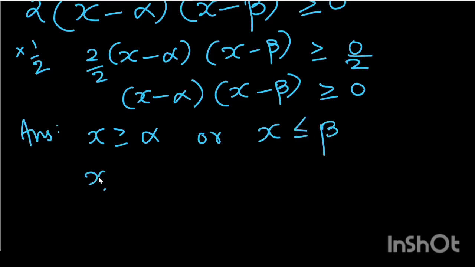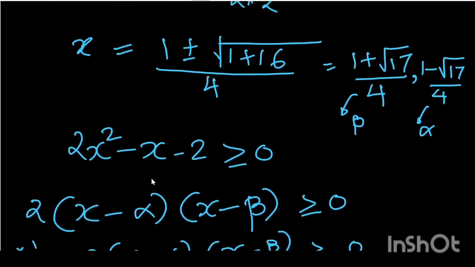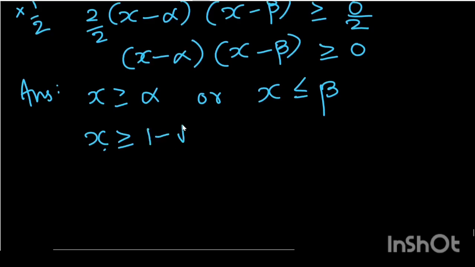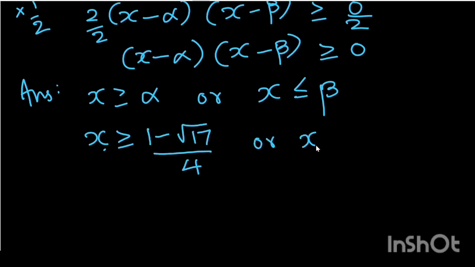Now we will substitute alpha. We assigned alpha as 1 minus root 17 by 4, or x less than or equal to 1 plus root 17 by 4.